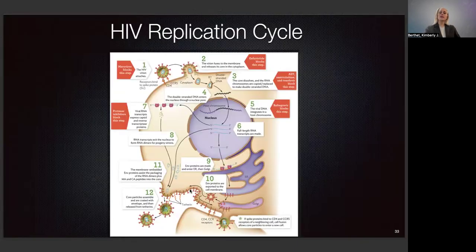Okay, looking at the HIV replication cycle, here we can see our CD4 receptors and CCR5. CD4s are the main ones that are going to interact with the virus. Again, the virus is tricking the host cell to absorb the virus. So here we see the virus is now taken in and it's uncoated within the cell. So here we see the genetic material. And what happens here is that we have a reverse transcriptase in here.